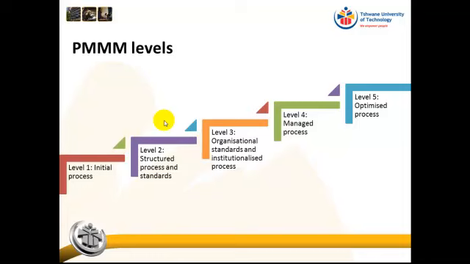All right, so if we are at level 1, we have our initial processes in place. Level 2 is we have structured process and there are standards. Level 3 is organizational standards and institutionalized process. Level 4 is we have a managed process, and level 5 is there is an optimized process.